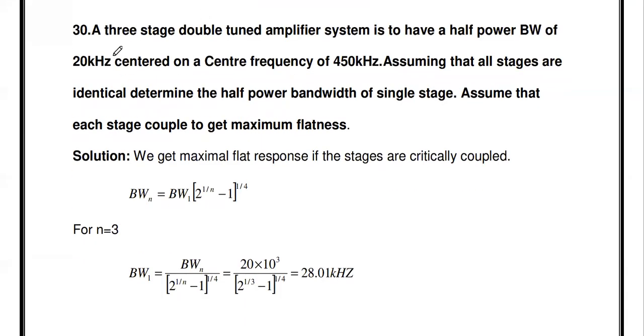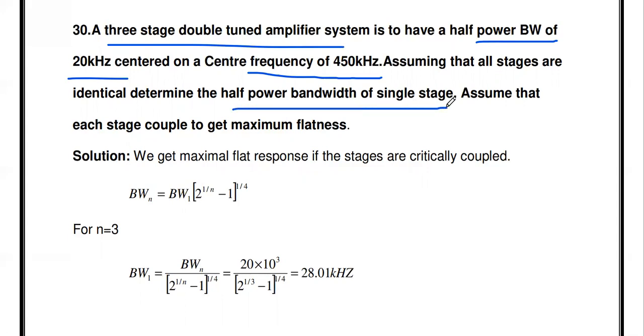A 3-stage double tuned amplifier system is to have a half power bandwidth of 20 kilohertz centered on a center frequency of 450 kilohertz. Assuming that all stages are identical, determine the half power bandwidth of a single stage.